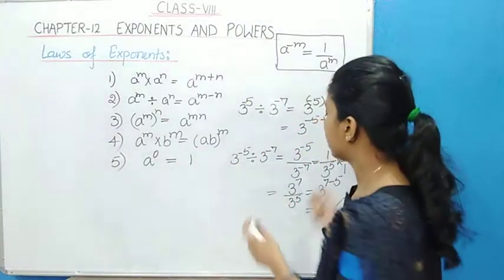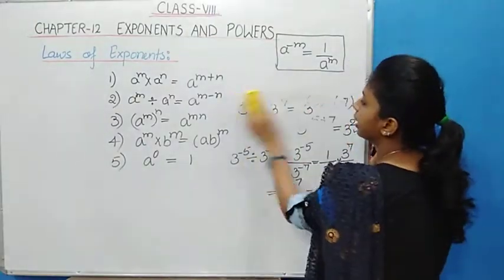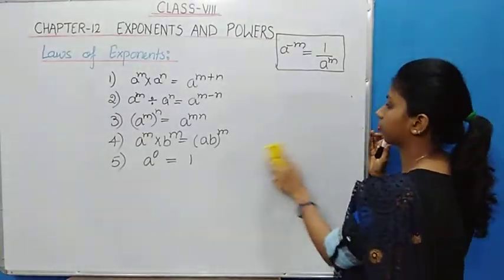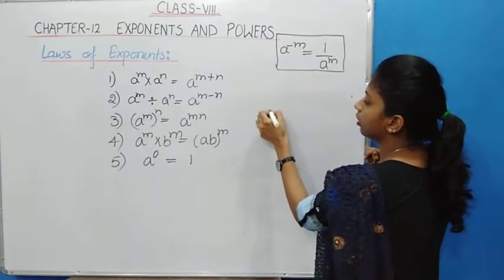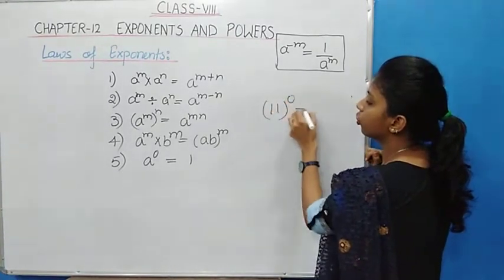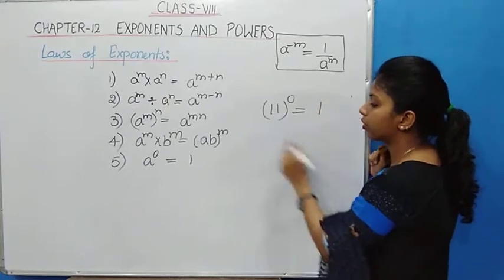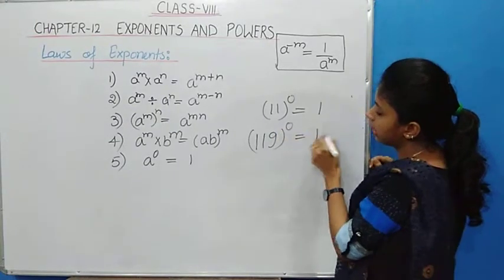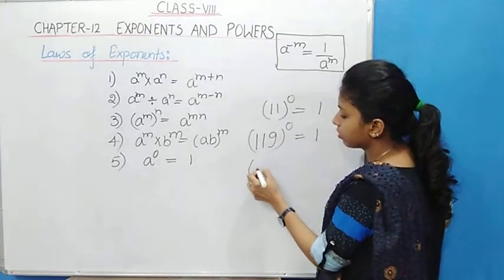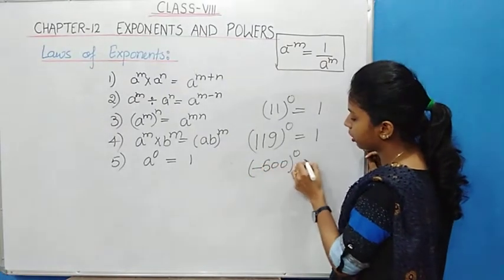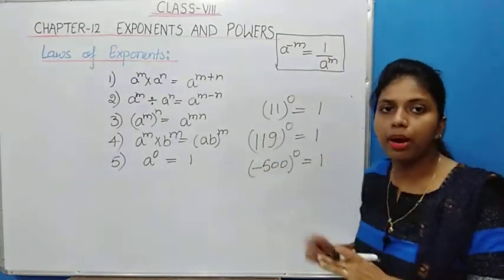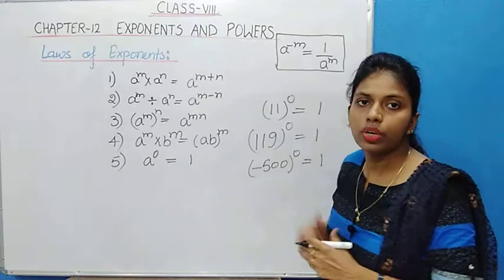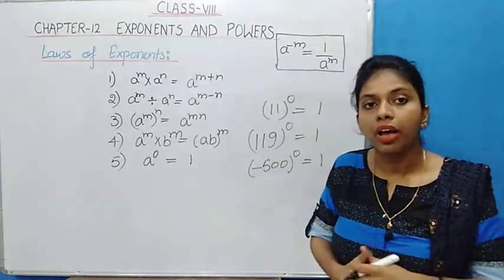For example, 11 raised to power 0 is equal to 1. 119 raised to power 0 is equal to 1. Minus 500 raised to power 0 is equal to 1. So whatever number we take, if we put the power as 0, we always get 1, except for 0.